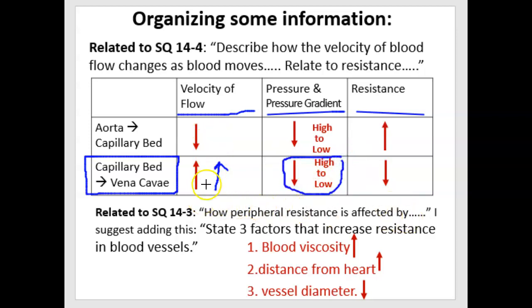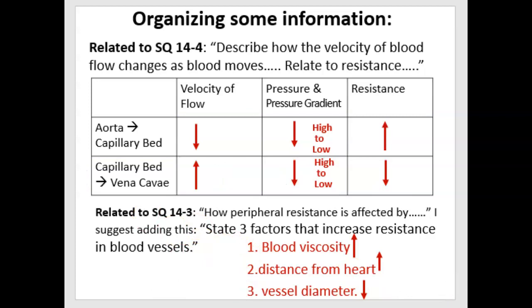But why does it speed up? Because distance has still increased. It speeds up because resistance goes down due to the fact that the vessel diameter is getting bigger. So that's just my suggestion for answering some study questions that you have.